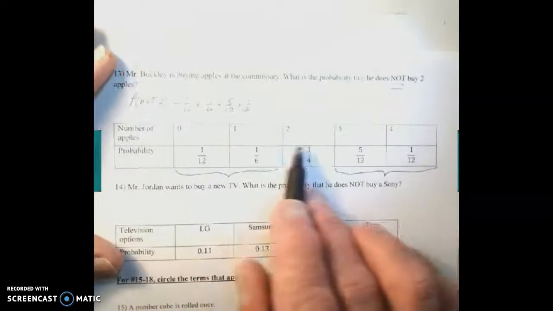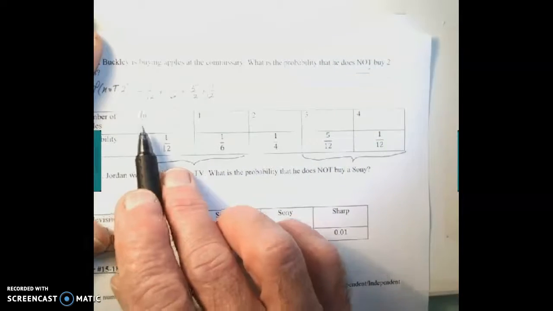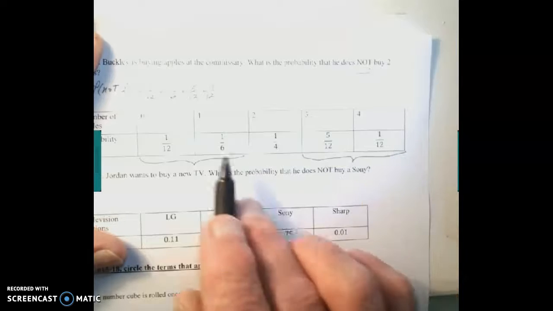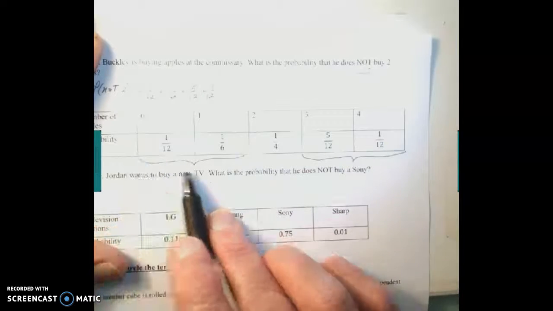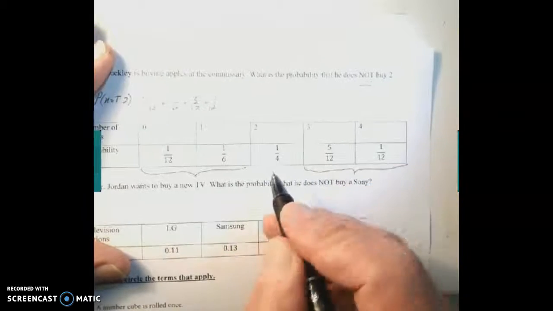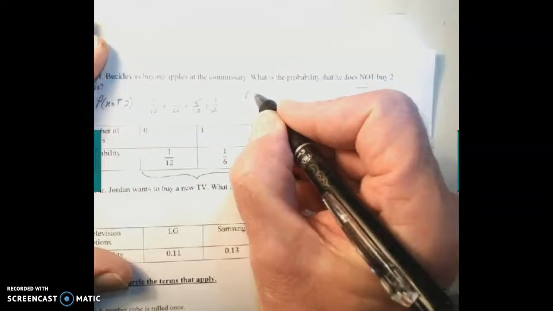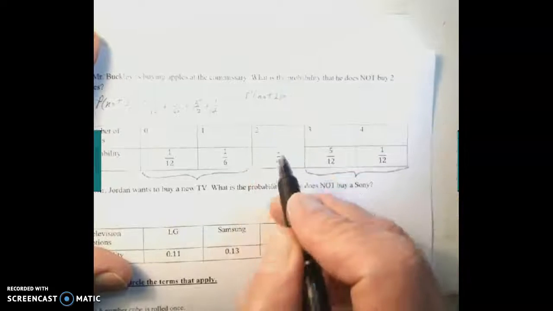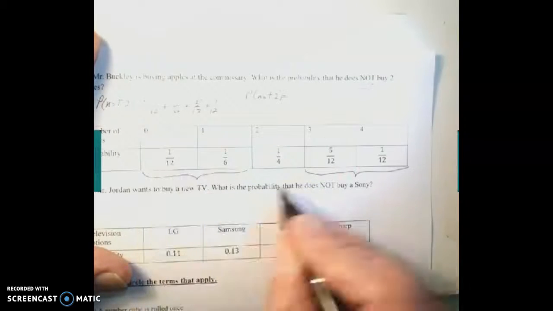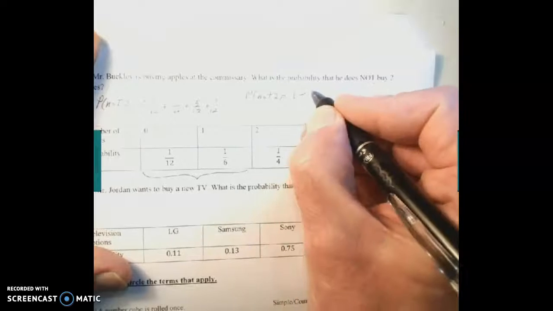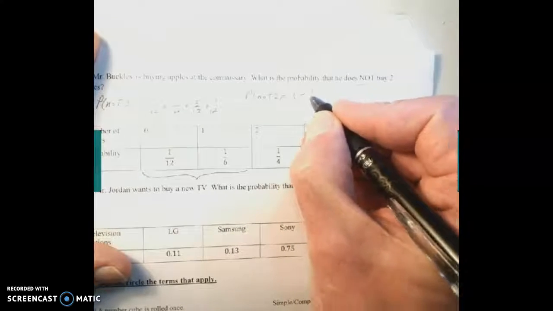If these are all the possible events, buying 0 through 4, if these are all the possible outcomes, the probabilities of all the possible outcomes add up to 1. So the probability of not 2 would be 1 minus what we're not going to have, the 1/4.